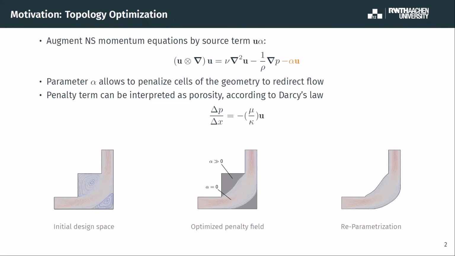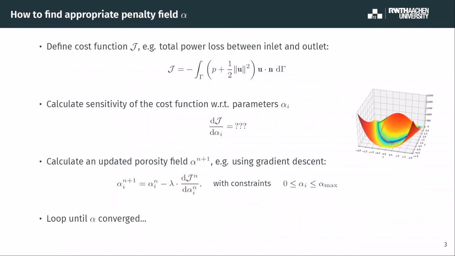We introduce some cells we want to penalize, effectively take it out of the flow by adding some term alpha times u into the momentum equations. And in order to do that, of course, you need to know what actually is a decent value for alpha. And that's where gradients come in. And if you want gradients, you have to have some kind of differentiation technique in there.